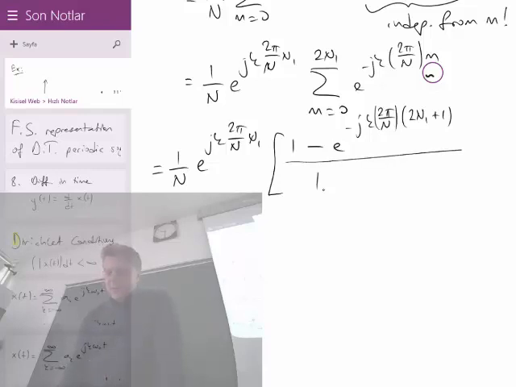Divided by 1 minus e to the minus jk 2 pi over capital N. It's like 1 minus x to the n plus 1 divided by 1 minus x for the summation of x to the n from 0 to some limit. So this is the thing that we get.